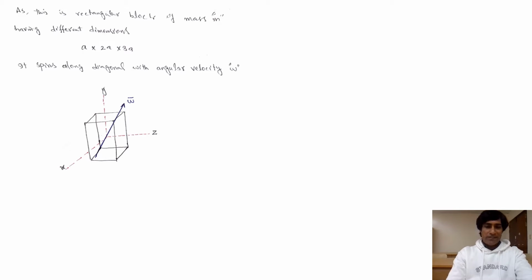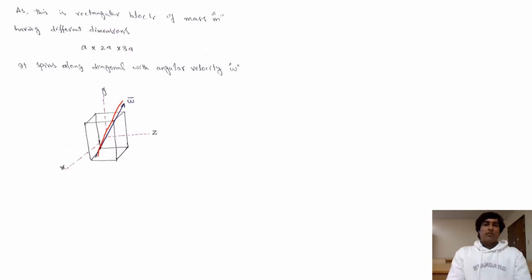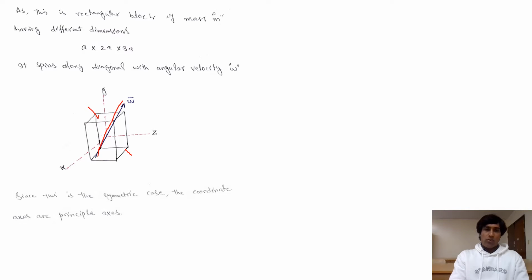Here you can see this rectangular block spins along this diagonal and its angular velocity is omega. This is a symmetric case, both sides along the diagonal are symmetric, and it is also rectangular. So in this case the coordinate axes are principal axes.